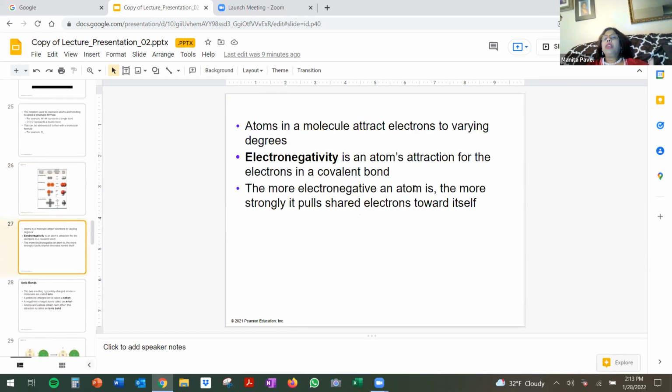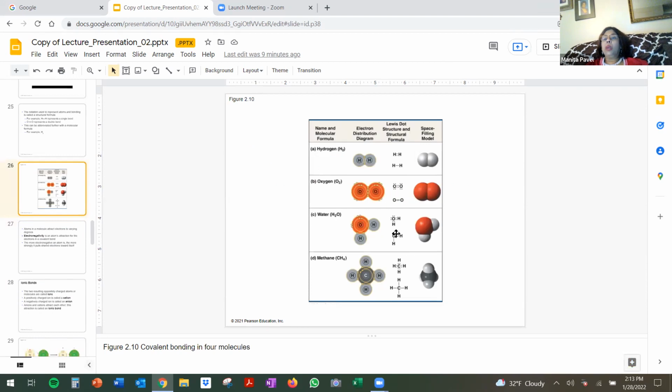Therefore, what is electronegativity? It is the atom's attraction of the electrons in the covalent bond. And I just explained, the more electronegative an atom is, the more strongly it is going to pull the shared electrons to itself. The classic example we saw is water.